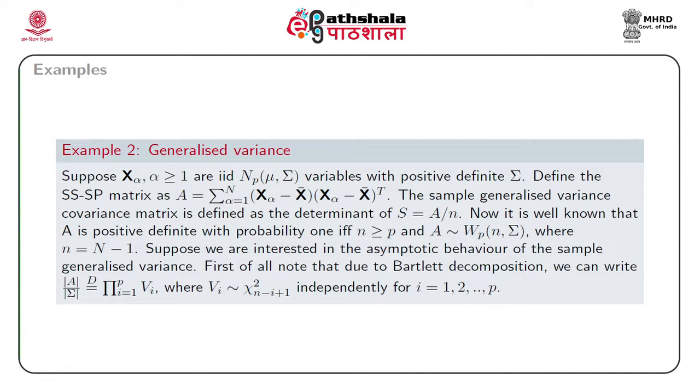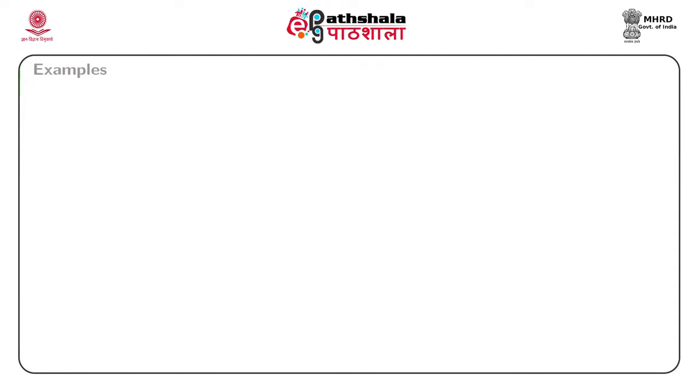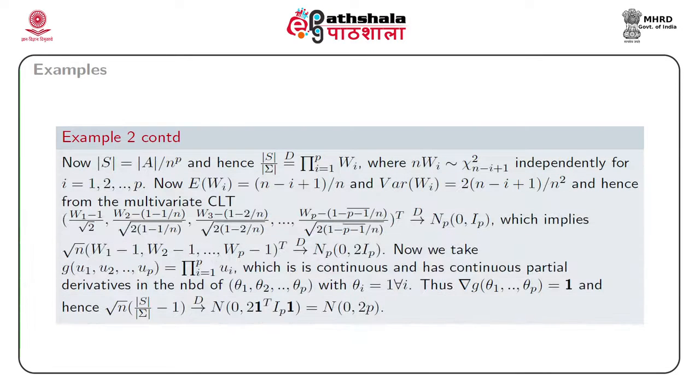That is, we can write the determinant of A divided by the determinant of sigma as the product of Vi for i equal to 1 to p. That is, the distribution of the determinant of A divided by the determinant of sigma is equivalent to the product over i from 1 to p of Vi, where Vi has a chi-square distribution with n minus i plus 1 degrees of freedom, and these Vi's are independent for each i.